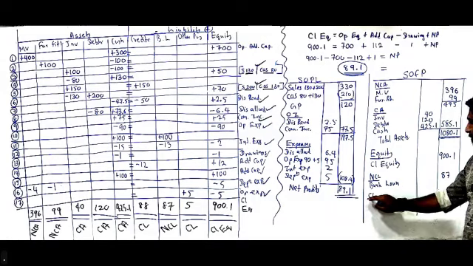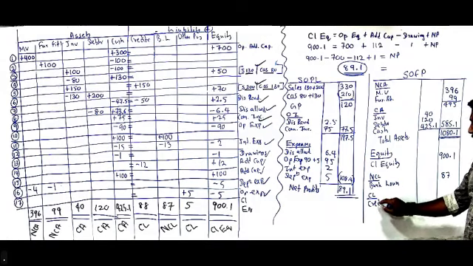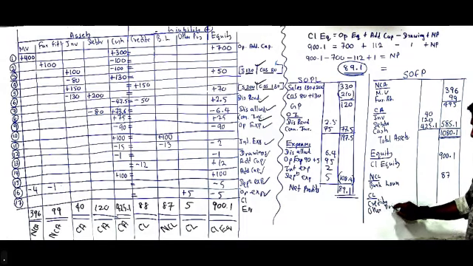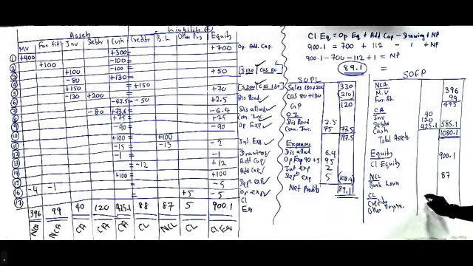Then current liability. Creditor 88. Other payables 5. So here 93.